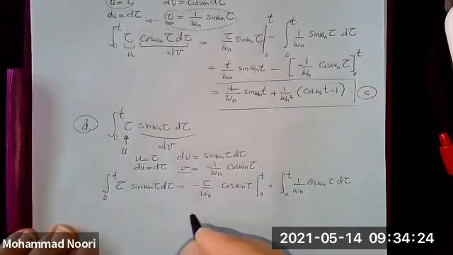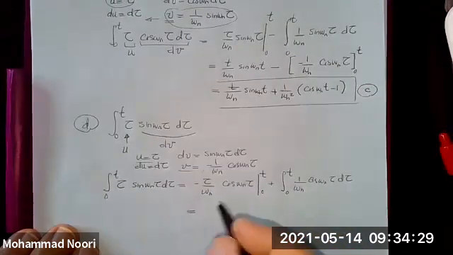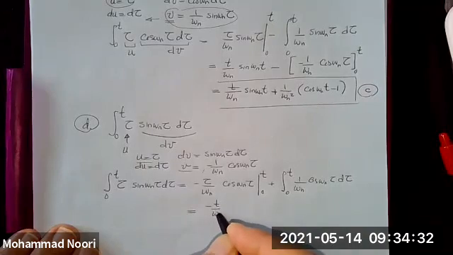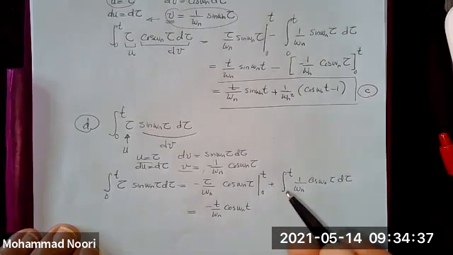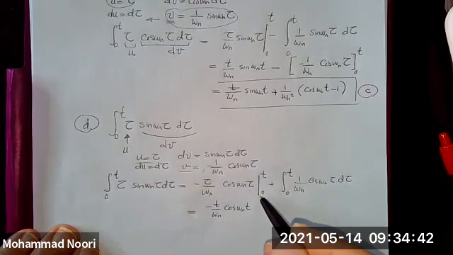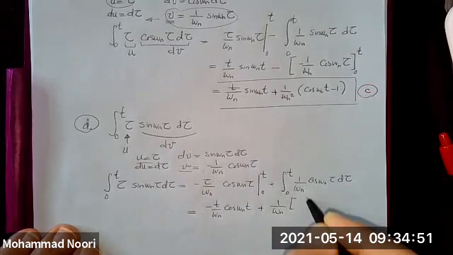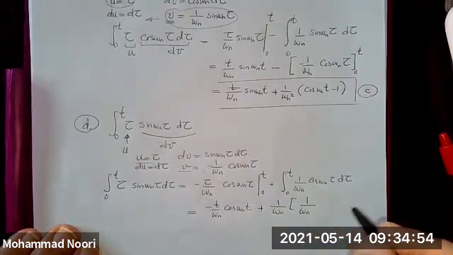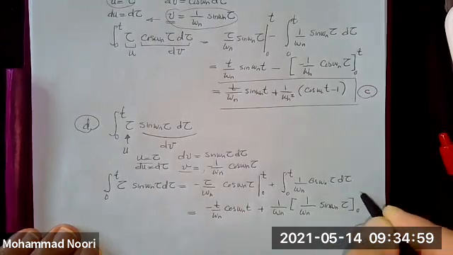So substitute for t, it would be negative t over omega n cosine of omega n t minus cosine 0, and this would be 0 for that value, plus, if you evaluate this, it would be 1 over omega n times 1 over omega n sine omega n tau from 0 to t.